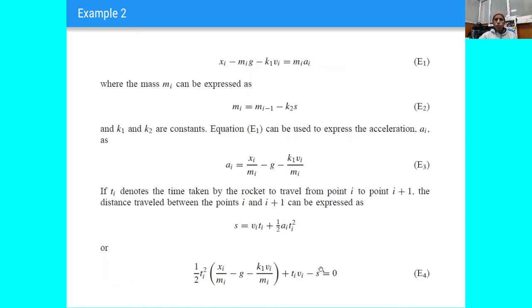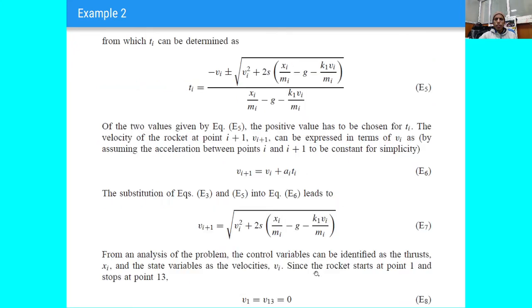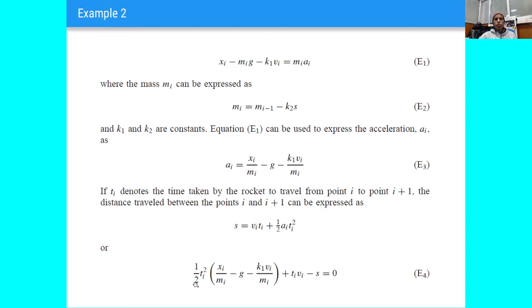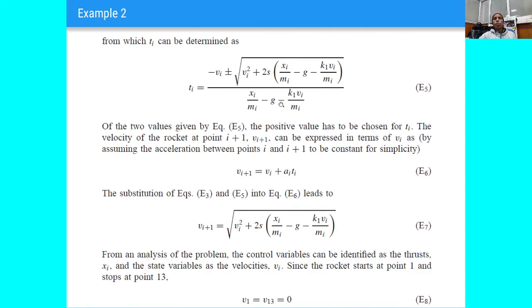This minus will be plus, so this is 2as xi upon mi minus g minus k1 vi upon mi, upon 2a. Sorry, upon 2a, because here half is already there, so if we multiply it by 2, only this value will remain: xi upon mi minus g minus k1 vi upon mi.